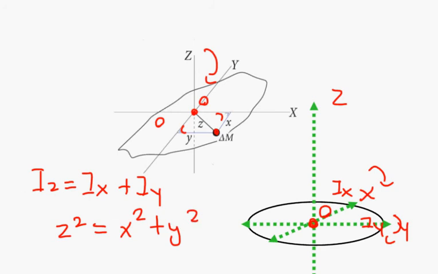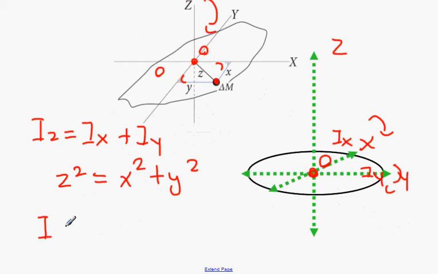Okay? Now, if you remember our inertia formula, the original inertia formula was the sum of all the delta m's multiplied by their distance squared, the distance from the axis we're talking about squared. We're talking about the z-axis, aren't we? So it's going to be delta m z squared.